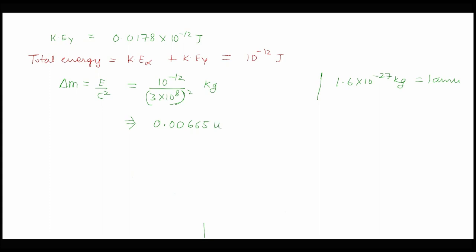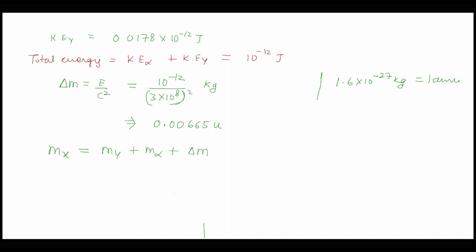Now we can say that the mass of the parent nucleus X will be the mass of Y plus the mass of the alpha particle plus the mass defect, or the mass that is lost or liberated in the form of energy.